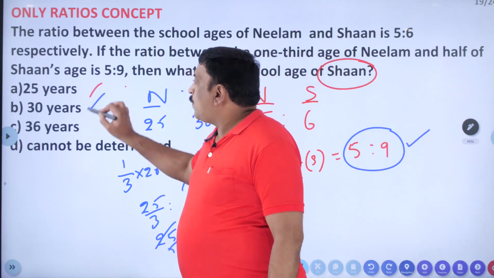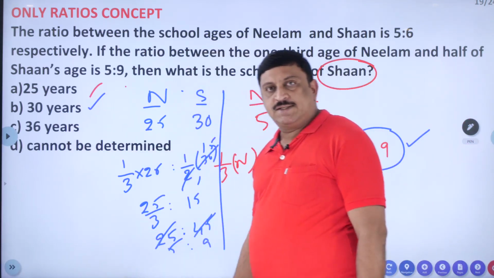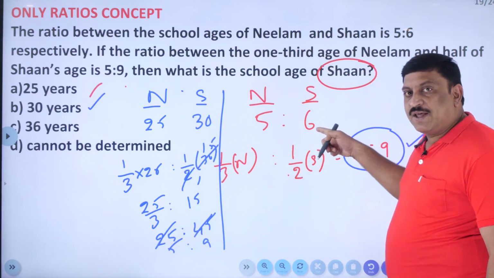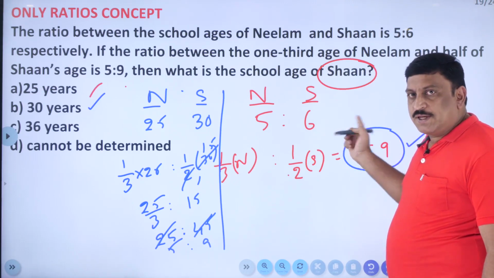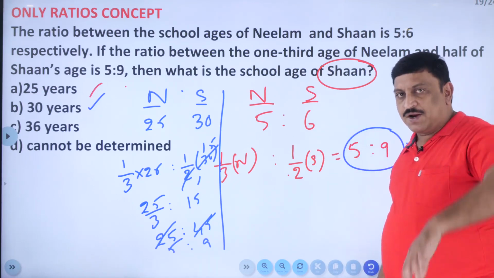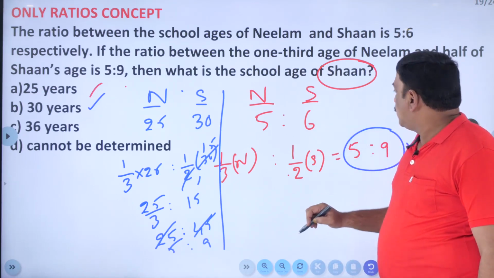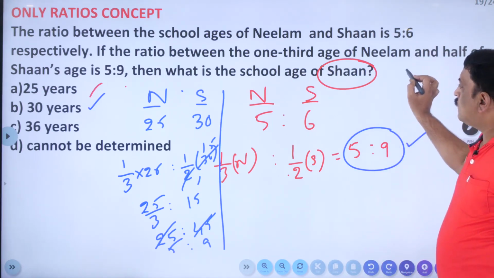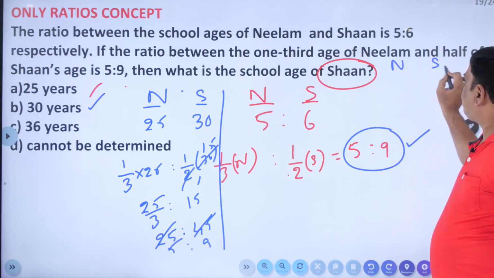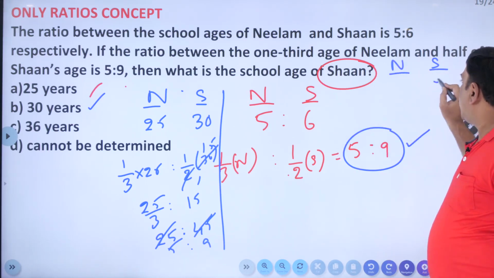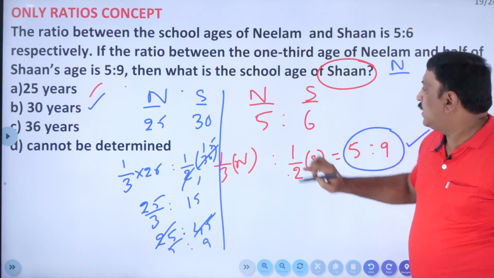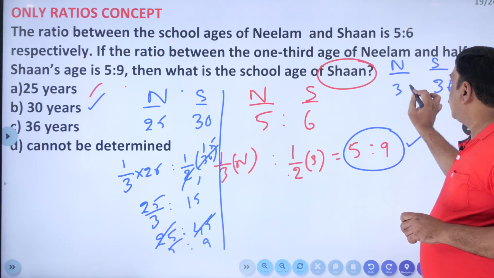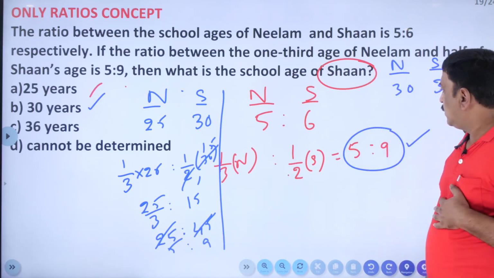Okay. Suppose your option is 36. Let us say the option is 36, this is very interesting. You see this one. This is very convenient for us. Let us see that one also. I'll write here Neelam and Shan. If Shan is 36, 6 6s are 36. That's why Neelam will be 5 into 6, that is 30. 30 and 36.